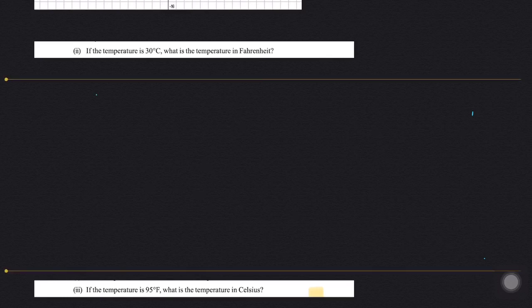In question number 2, if the temperature is 30 degrees Celsius, what is the temperature in Fahrenheit? In our equation, F = 9/5 C + 32. The given value is C = 30 degrees Celsius.